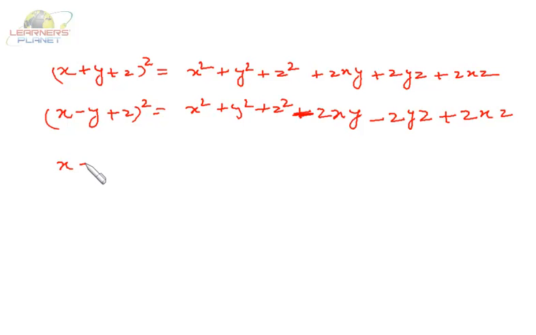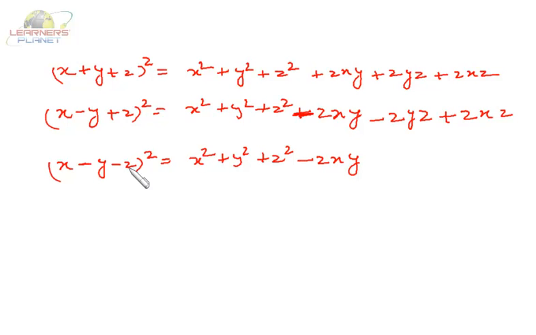Now suppose it's like this, then further x square plus y square plus z square will be as it is, since the square of minus z is also positive z square, the square of minus y is also positive y square. But in the remaining expression, we have to be clear about the sign of 2xy, 2yz and 2xz. So further I multiply x into minus y, so I'll be getting minus 2xy.